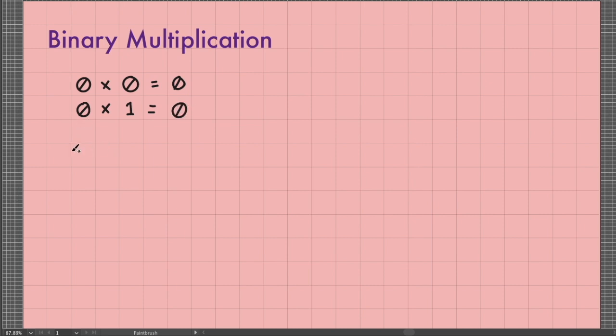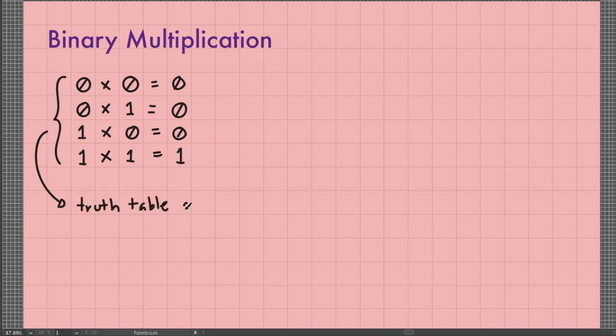Another combination is bit 1 times bit 0 is equal to bit 0. And finally, bit 1 times bit 1, this is equal to bit 1. So note that this combination is similar to the truth table of an AND gate. In fact, binary multiplication is equivalent to an AND operation.